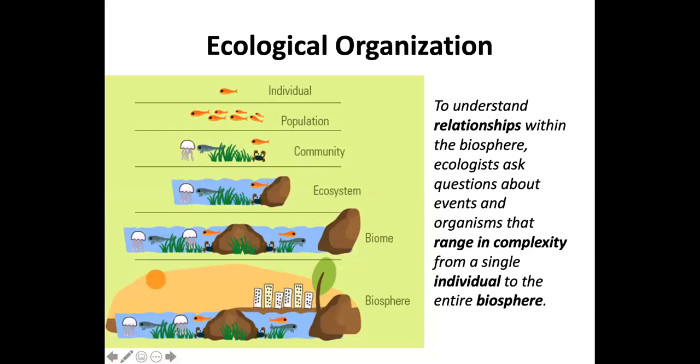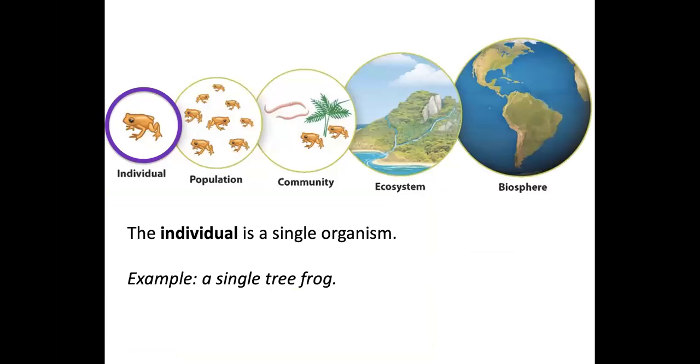In order to understand relationships within the biosphere, ecologists ask questions about events and organisms that range in complexity from a single individual to the entire biosphere. Up here, this shows you how everything builds and comes together. An individual is a single organism.